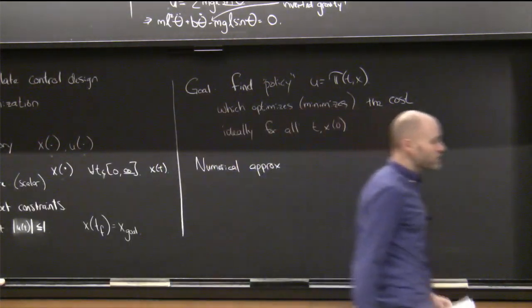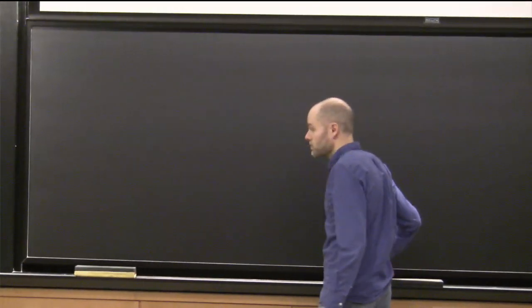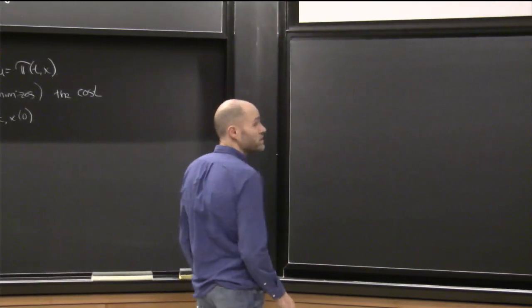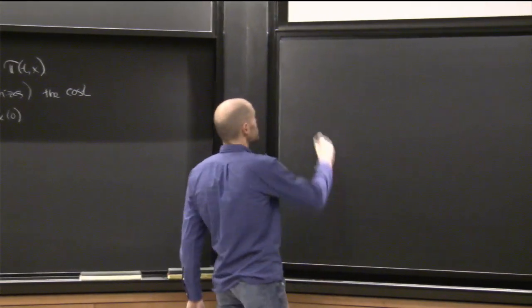Right, so the classical example, which is very relevant for swinging up a pendulum, but has a closed form solution, is the double integrator minimum time problem.